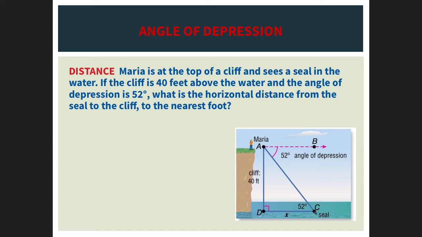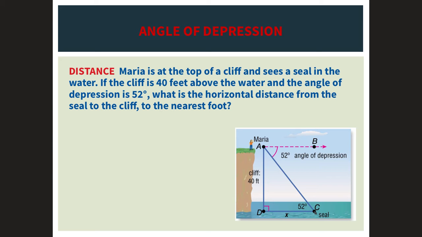Maria is at the top of a cliff and sees a seal in the water. If the cliff is 40 feet above the water and the angle of depression is 52 degrees, what is the horizontal distance from the seal to the cliff to the nearest foot?